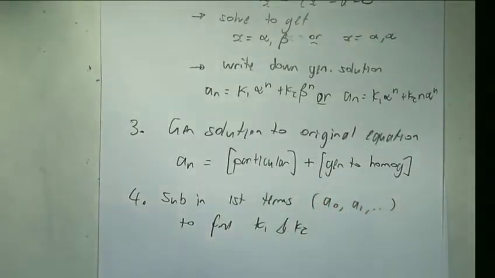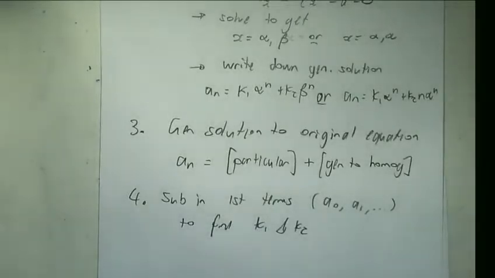Then you'll have this final version which has the particular and the general still, but the general won't be general anymore because you'll have actual numbers for the K1 and the K2. That's second order, okay? Right, so that's the whole process there.